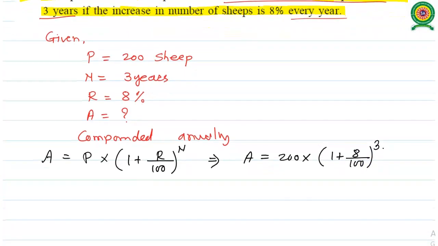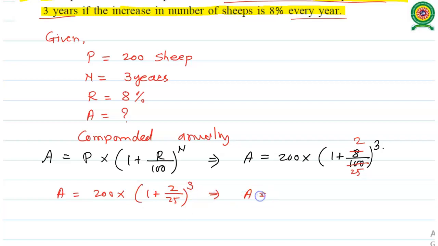So we know now 4 twos are 8 and 25 fours are 100. So the value of A is 200 into (1 plus 2 divided by 25) the whole cube. That implies A equals 200 into, 25 ones are 25 plus 2 is 27.